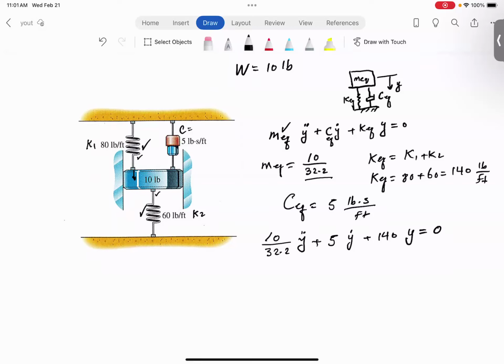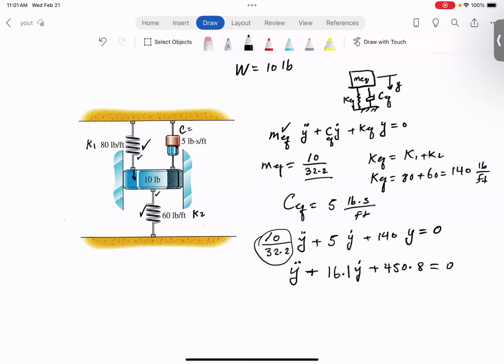Normalizing basically means dividing by this number. If we do that, we end up getting the following: y double dot plus 16.1 y dot plus roughly 450.8 y equals 0.